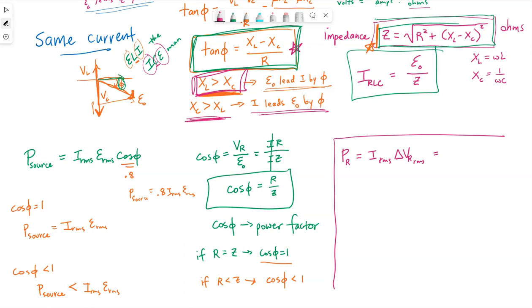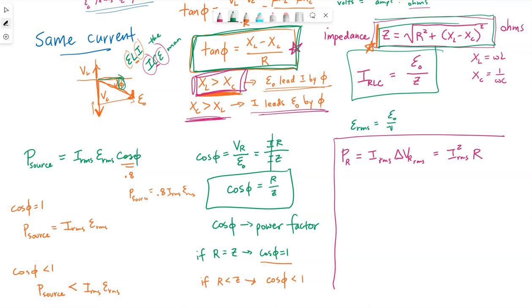But the resistor we know is I times R, so we could say this is I squared R. But it's specifically IRMS. The RMS values.